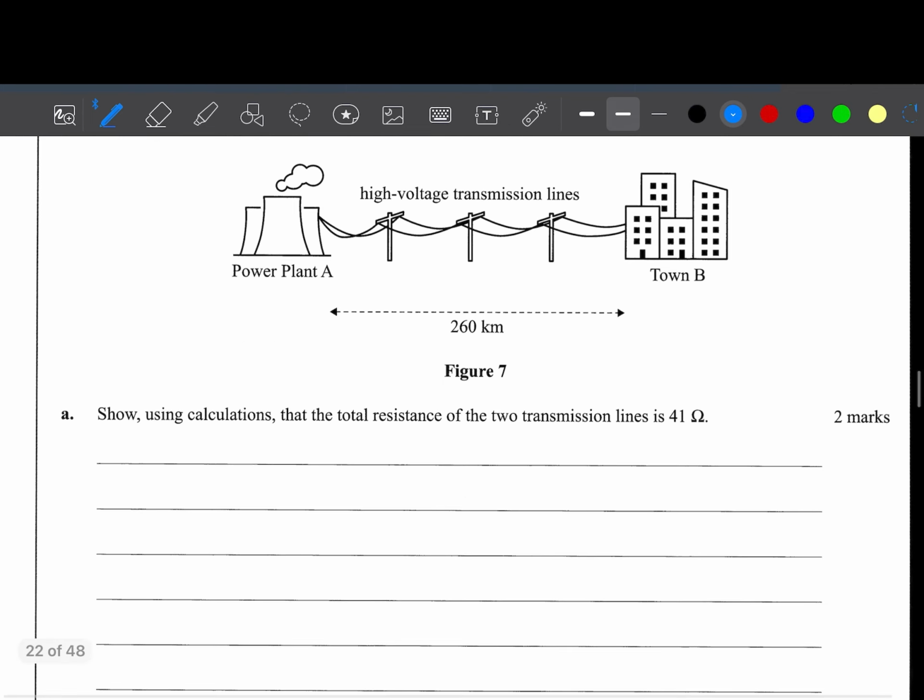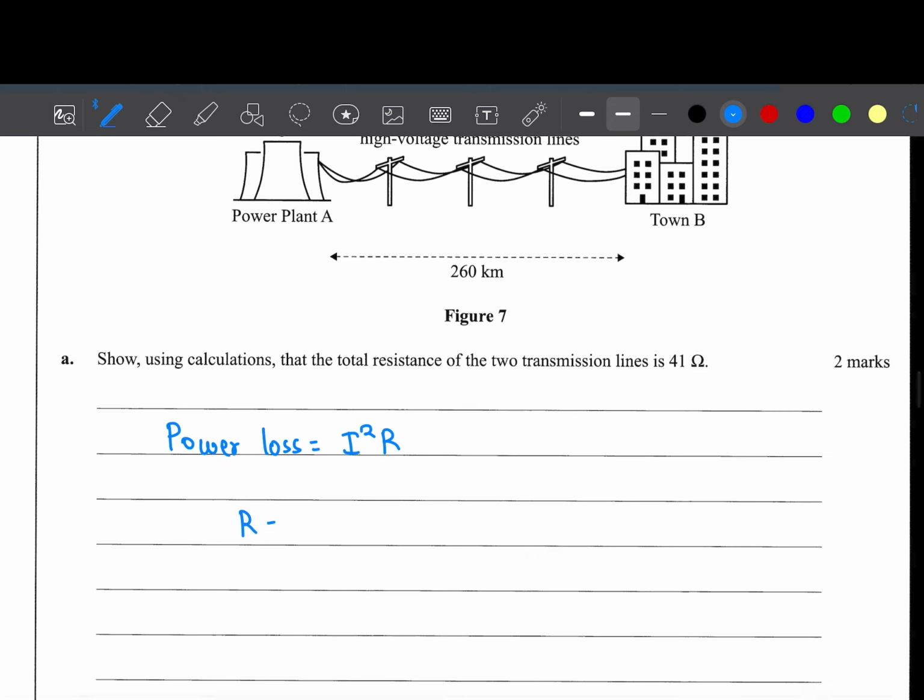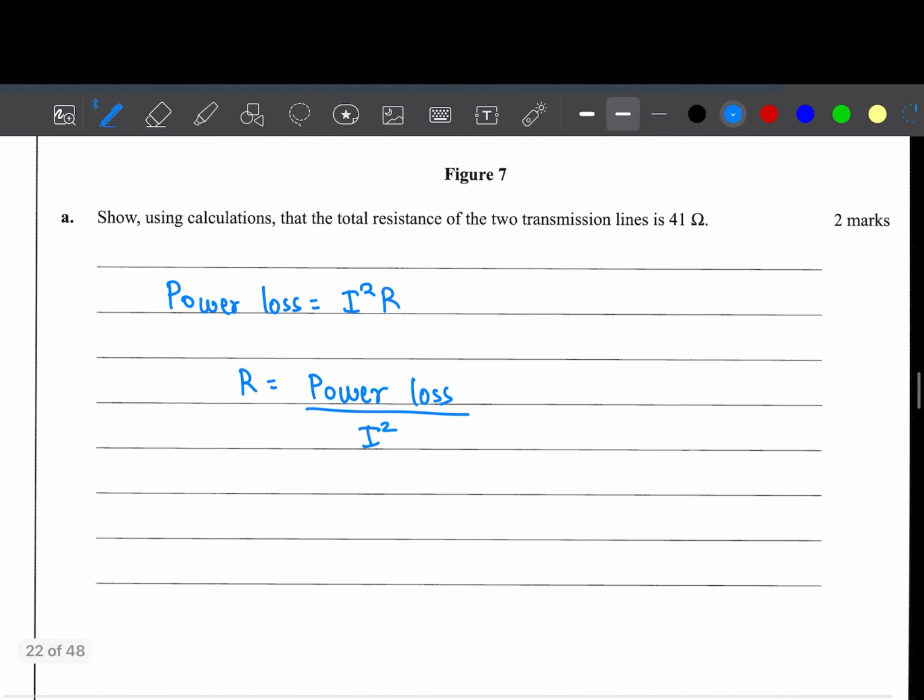So we know that power loss is equal to I squared R. So R is equal to power loss over I squared.